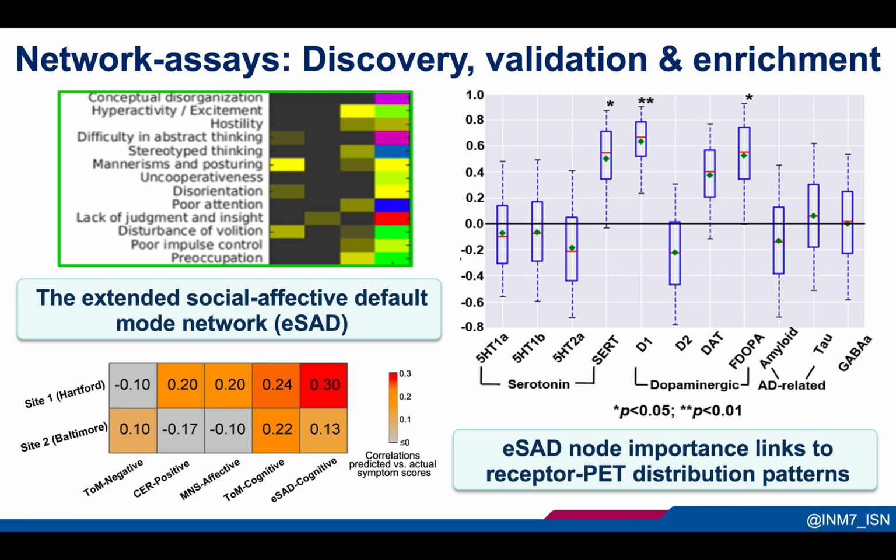And then the whole story comes together: the social affective default network was not only predictive within our original multi-site sample and validated in a new data set, but it also showed a relationship to both the dopaminergic and the serotoninergic network, both receptors that are also targeted in antipsychotic medication.